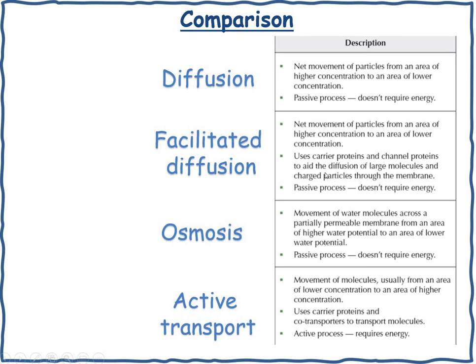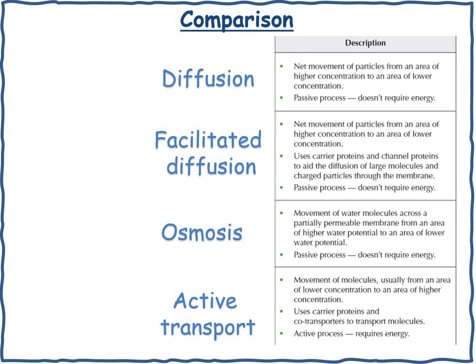Facilitated diffusion is the net movement of particles from an area of high to an area of low concentration, and it uses carrier proteins and channel proteins to aid the diffusion of large molecules and charged particles through the membrane, and again, it's a passive process. Osmosis is the movement of water molecules across a partially permeable membrane from an area of high water potential to an area of low water potential.